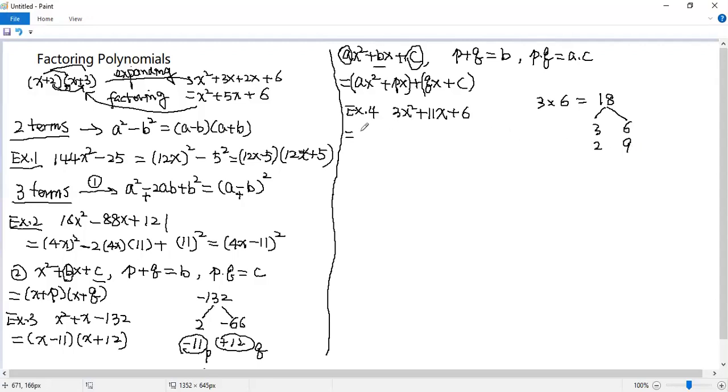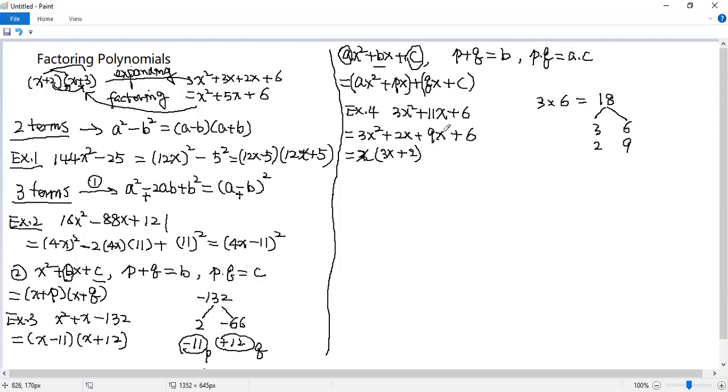Then we can express the middle term, so we have 3x squared plus 2x plus 9x plus 6. Now the greatest common factor for the first two terms is x, so we take it out. So x, and then 3x squared divided by x equals 3x, 2x divided by x equals 2.